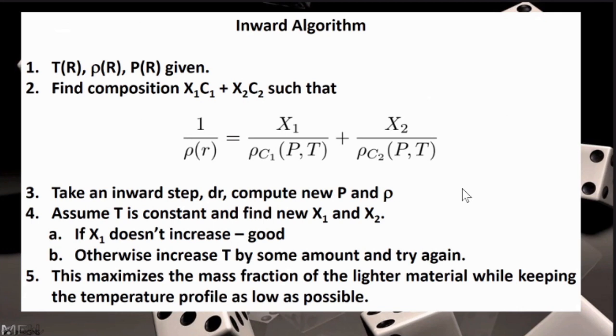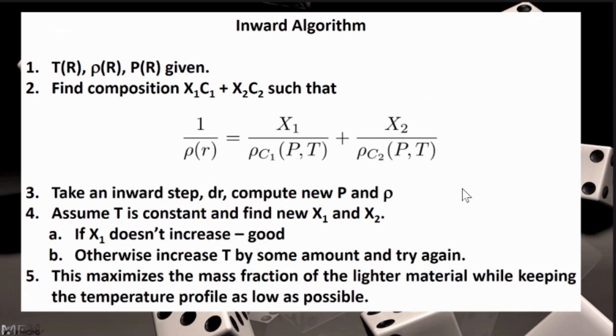Okay, I do that. Now I take a step inward, and I know what the new pressure is and what the new density is. So now I say, assume the temperature is constant. No physical reason for that. Assume the temperature is constant. What new mass fractions do I need in order to match my random density?